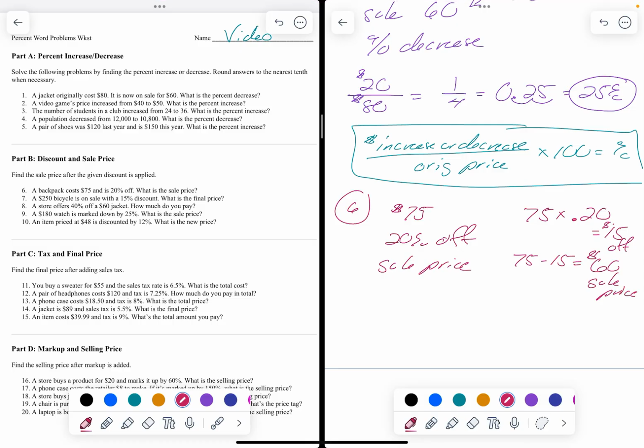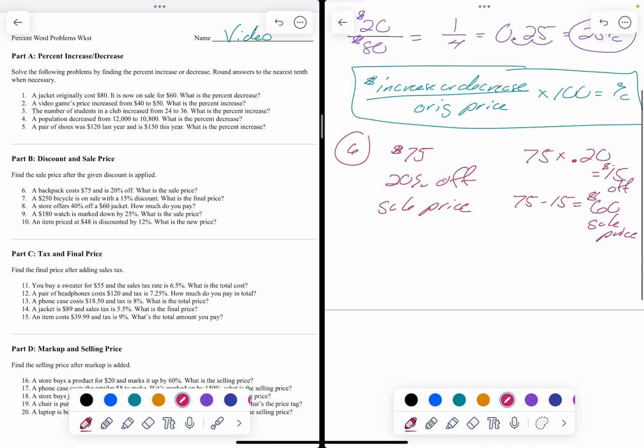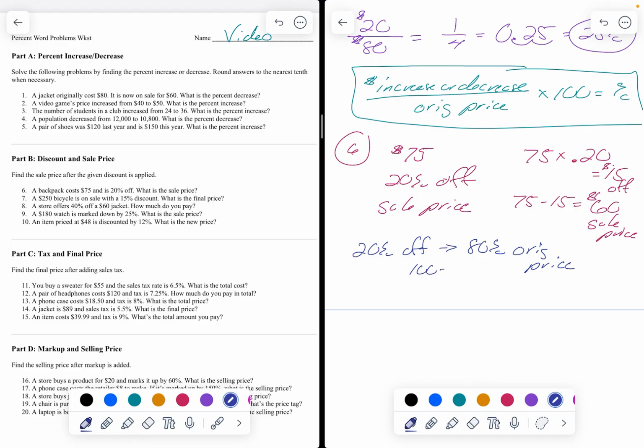But there's another way of doing this. And maybe some of you have learned this before. So instead, if it's 20% off, then it means it's 80% of the original price. Okay, so it's kind of like 100 minus 20. So if it's 20% off, it's going to be 80% of the original price.